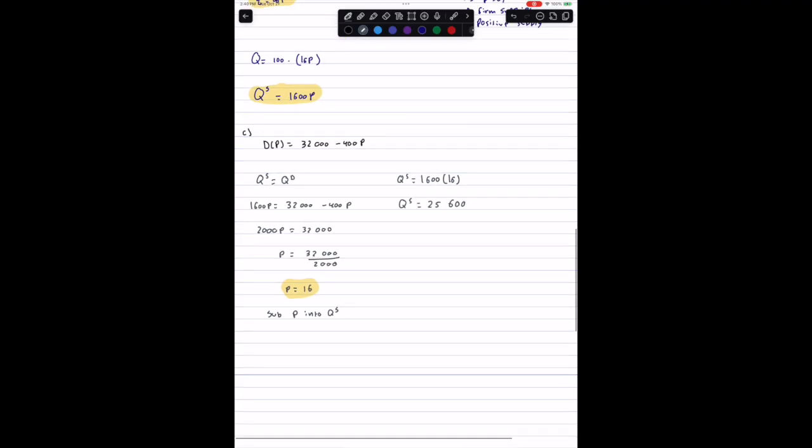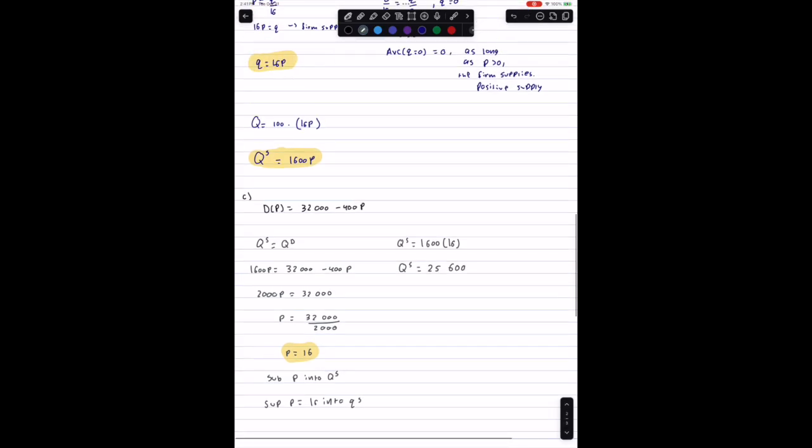And we can also sub P is equal to 16 into our individual supply function, which is just Q is equal to 16P. It's equal to 16 times 16. It's equal to 256, right?